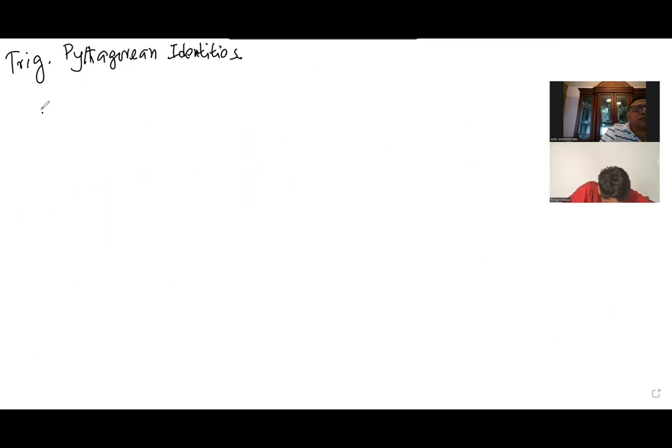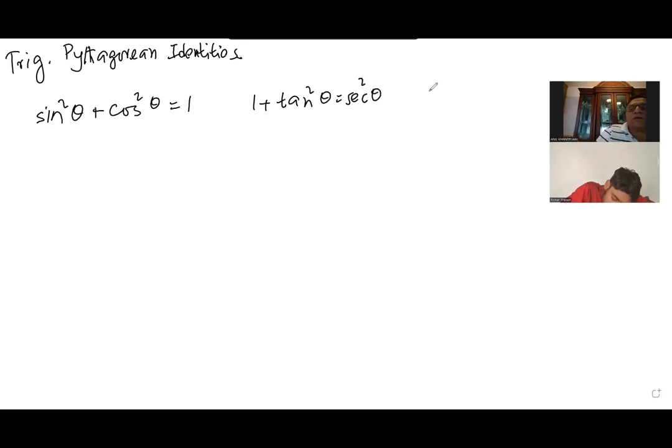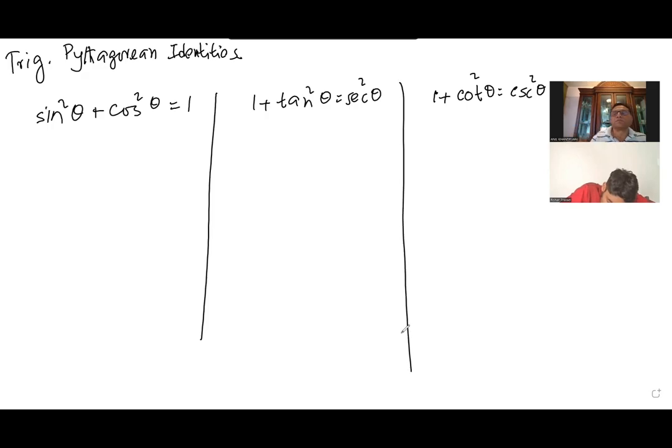The first one which we found was sine squared theta plus cos squared theta equals 1. The second one was 1 plus tan squared theta equals secant squared theta, and cotangent squared theta plus 1 equals cosecant squared theta.